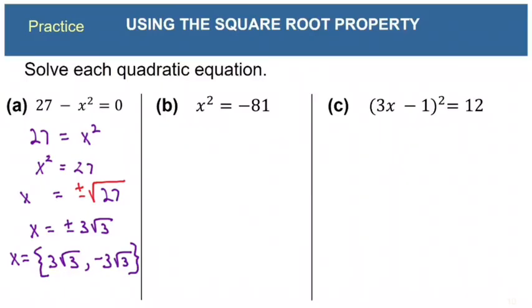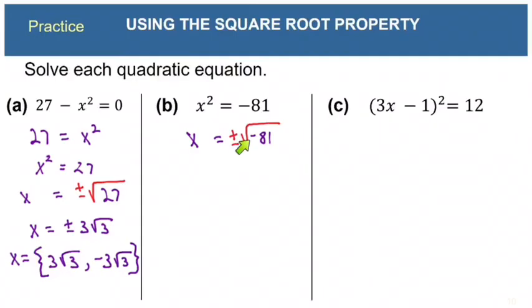Okay, now let's look at example B. This one says x squared equals negative 81, and again this one is already set up in that x squared equals k kind of setup. All we have to do is apply the square root property. So we would go straight to x equals plus or minus the square root of negative 81.